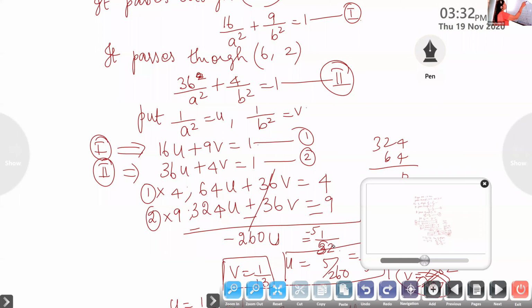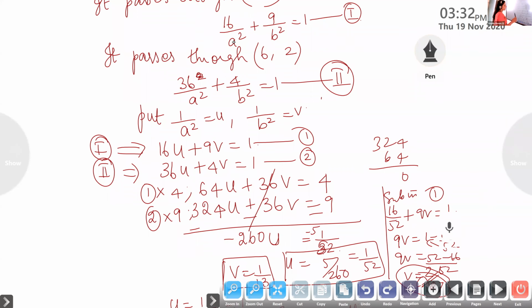In these two equations, we have two unknowns, A square and B square. So we take 1 by A square as U and 1 by B square as V. So we get two linear equations. We solve those two equations by the elimination method, and then we find what is U and what is V. So U is 1 by 52 and V is 1 by 13.